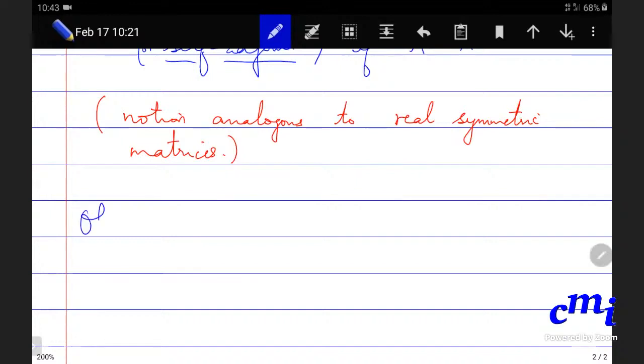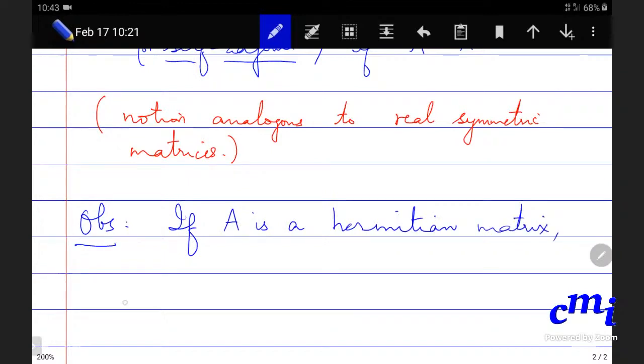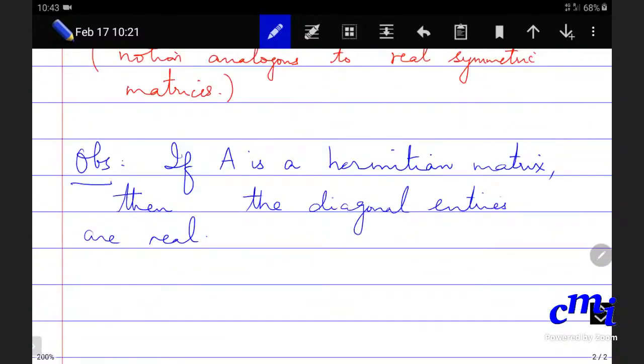Observation. If A is a Hermitian matrix, then the diagonal entries are real. Why is that so?